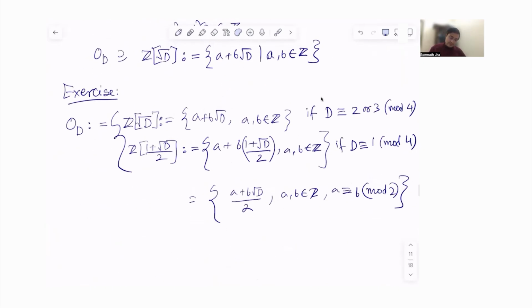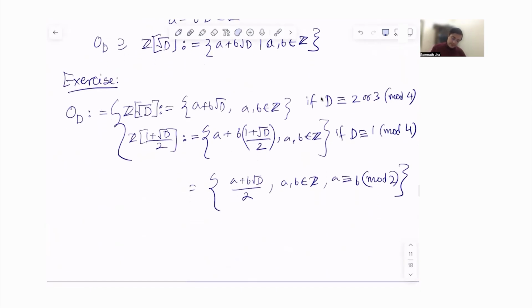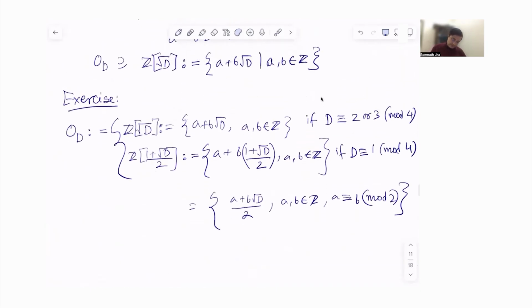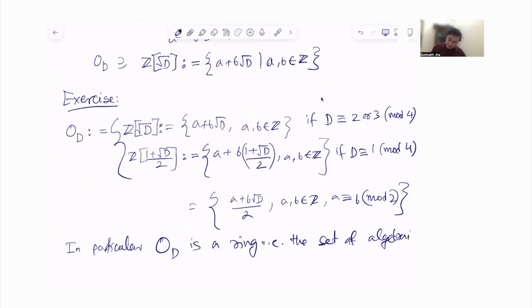In particular, what you notice is that O_D is a ring, that is, the set of algebraic integers inside Q(√D) forms a ring.